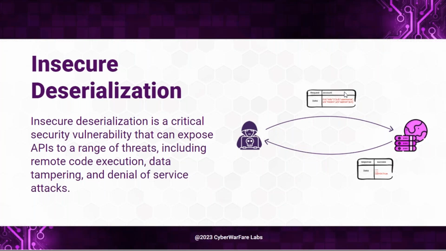APIs commonly use deserialization to process data they receive from clients or other sources. This incoming data is in serialized form, and the API needs to convert it back to the format it works with.